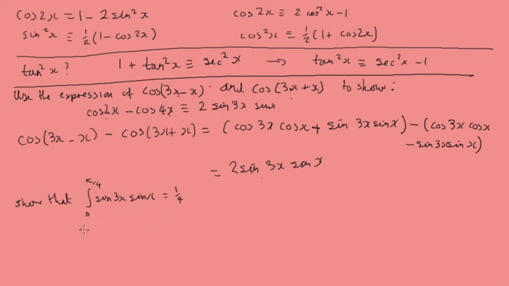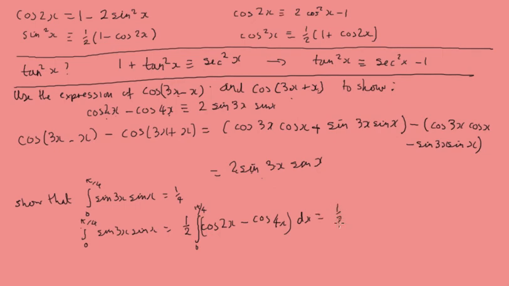So remember this 2, put the half here, and that's going to be cos 2x minus cos 4x dx. And don't forget your limits of integration.